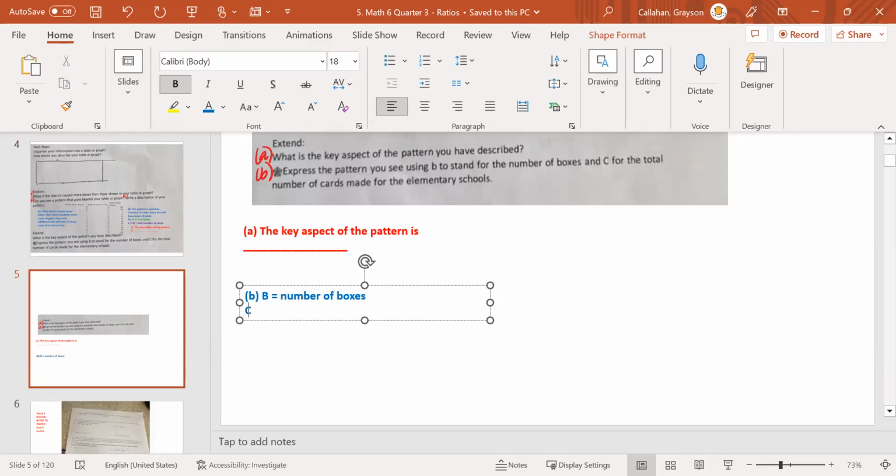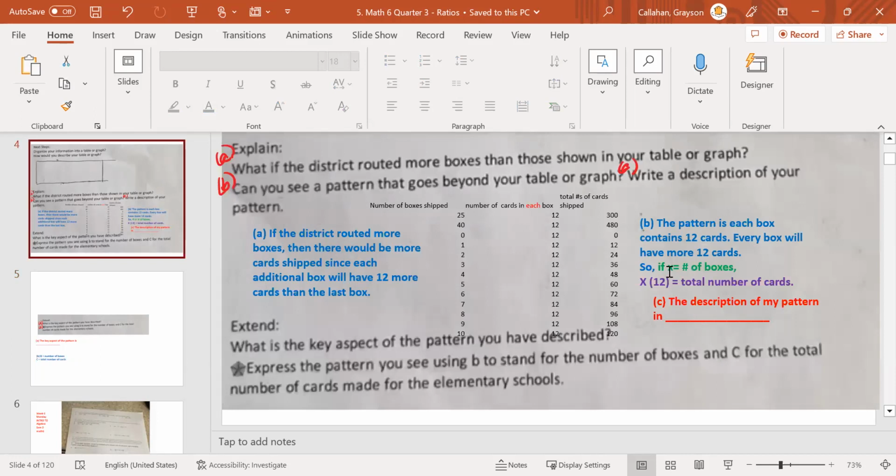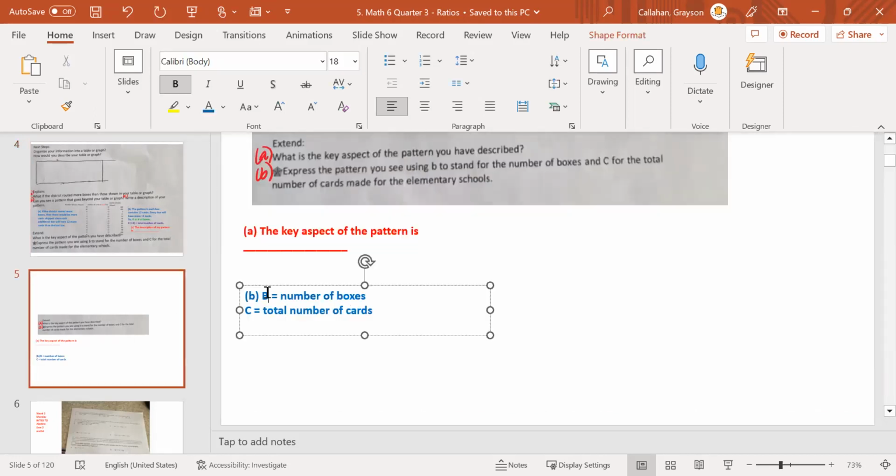Okay, and then what does C stand for? Equal total number of cards. So express the pattern you see for the total. Well, that's the same thing that we just did over here on this side, like right here. So if X equals the number of boxes, then 12 times X equals the total number of cards, right? Except right now, they would always want to use B for the number of boxes, okay?